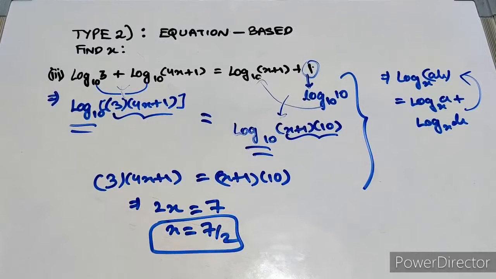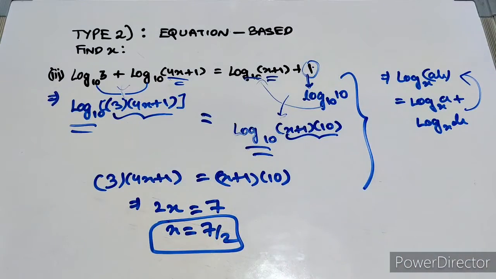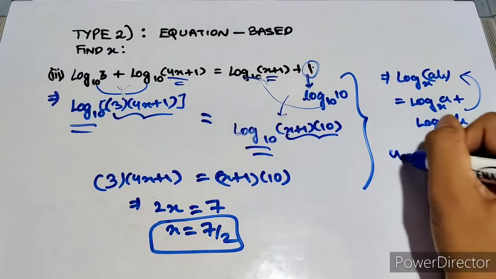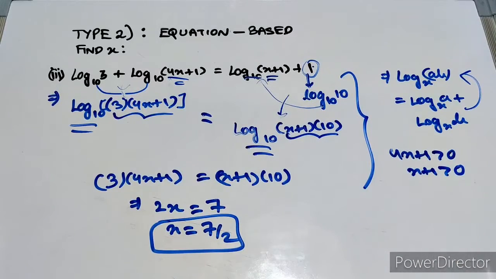Also remember one thing while solving such questions, you also need to check the argument. We know that the argument is always greater than 0. So if something like a quadratic was given here, it may give you 2 solutions for x, and we have to eliminate one by seeing that 4x plus 1 is always greater than 0 and x plus 1 is always greater than 0.